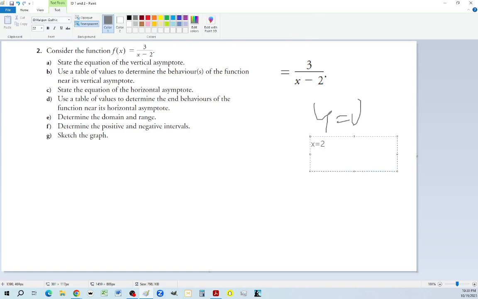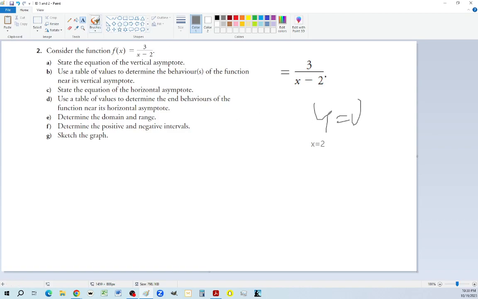So really, we just have to figure out what happens near these asymptotes. What happens when x approaches positive a million? Well, it becomes 3 over a million, essentially a very small number, so it's very close to 0. It's also approaching 0 from the positive side. What about negative a million? Well, this becomes a very small number again, but negative, so it's approaching 0 from the negative side.